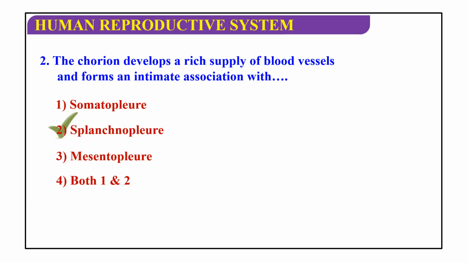Splanchnopleure is yolk sac and allantois, that is the extraembryonic mesoderm. तो जो embryo का कोई भी tissue नहीं बनाएगा, कौन? Splanchno. जिसको चाहिए वो समझ लो, जिसको नहीं चाहिए वो छोड़ दो. This is the extraembryonic mesoderm forming the yolk sac and allantois. Okay.